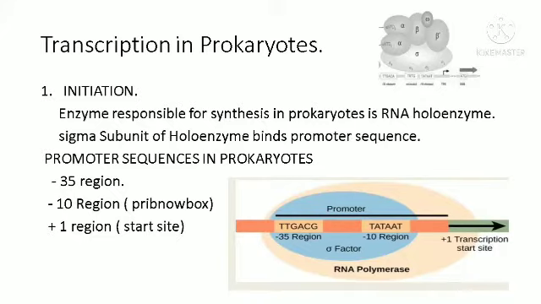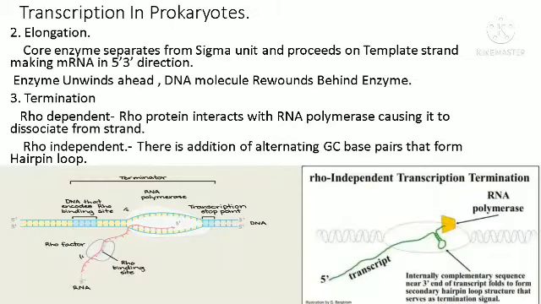So this is the region that will be bound by the sigma subunit. And once bound, the coenzyme part of the RNA holoenzyme would dissociate and begin the elongation process, which brings us to the next slide.